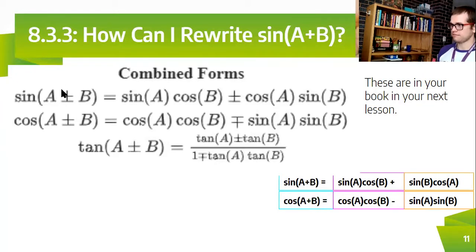Sine of A plus or minus B equals sine of A cosine of B plus or minus cosine of A sine of B. Cosine of A plus or minus B equals cosine of A cosine of B minus plus sine of A sine of B. Wait, what's a minus plus? Well, when we have a plus or minus, usually if you do the plus, it's the plus over here.